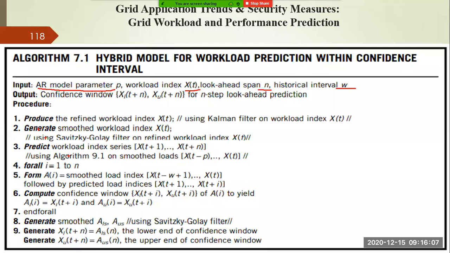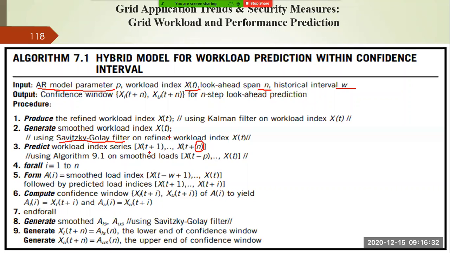Here you can see the first step is nothing but produce the refined workload, that is XT. Next is generate the smoothened workload index, for which they are using the SG filter. Then we are going to predict the workload for the period T plus 1 to T plus N, XT plus 1 to XT plus N. That's why the look ahead is N. You know the XT, the current load.